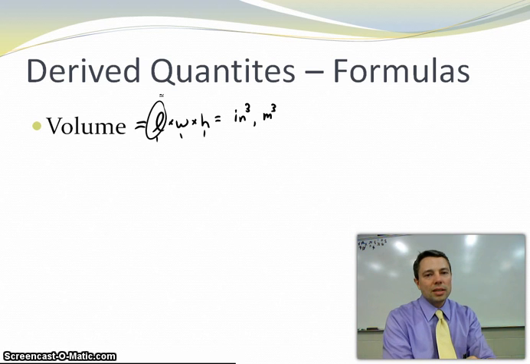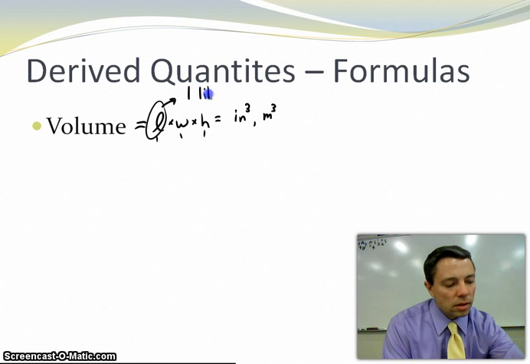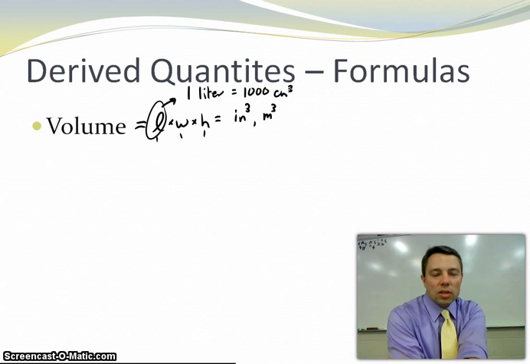If you multiply that together, you get 1,000 centimeters cubed. And that's how they defined the unit liter. So 1 liter was equal to 1,000 centimeters cubed. Now what this tells us is that 1 milliliter is equal to 1 centimeter cubed. And so that's one of those standard conversion factors that we're going to talk about here in a little bit.